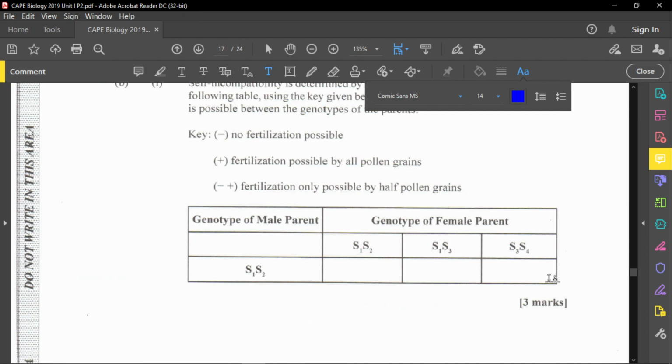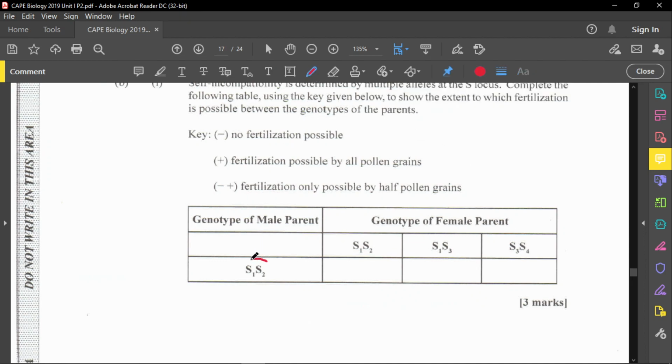To make life easier to understand this, say the markers on the male are 1 and 2, the genotype, and 1 and 2 will be the markers for the locus, or the specific type of trait, genes or alleles. What I want you to think about is that as long as the self is there, it cannot be compatible.